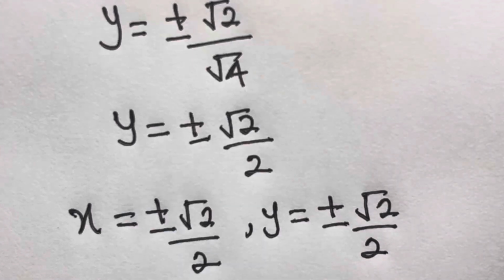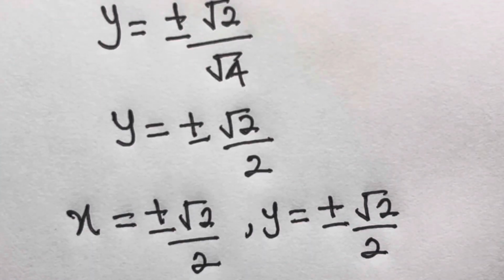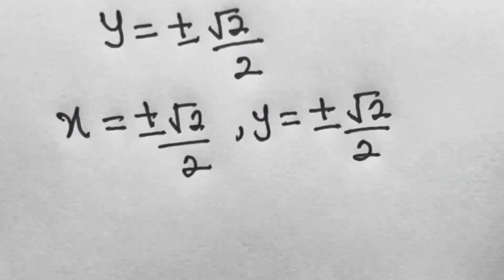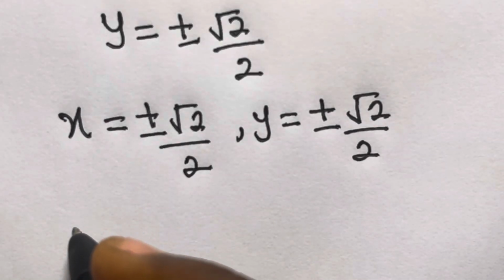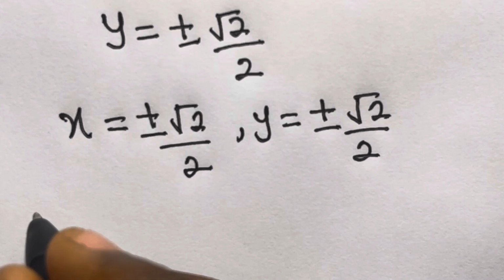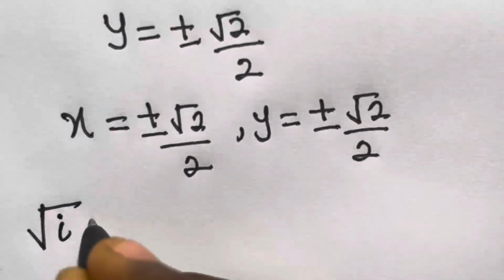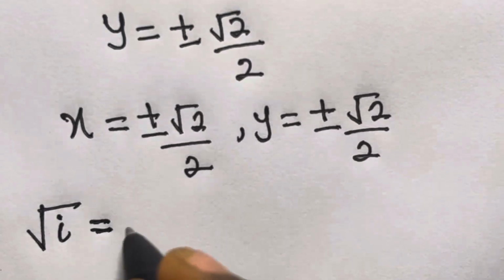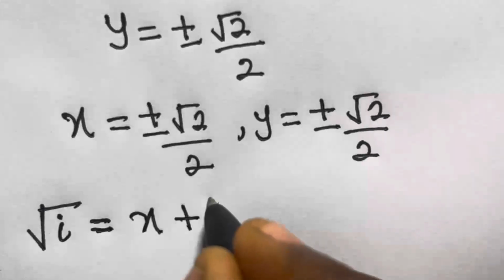To now get the expression for the square root of i, remember we take our square root of i to be x + iy.